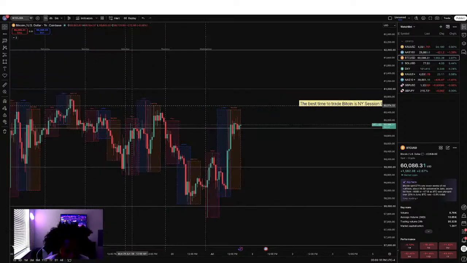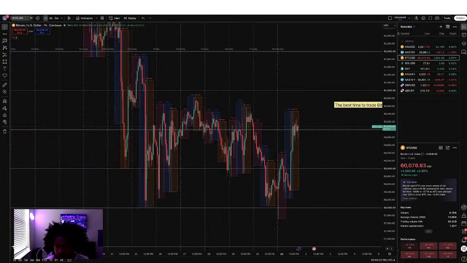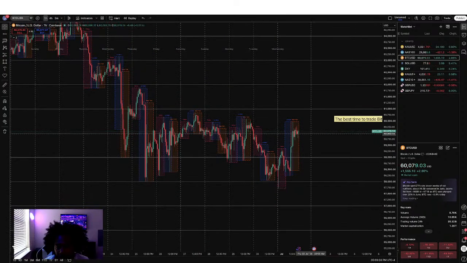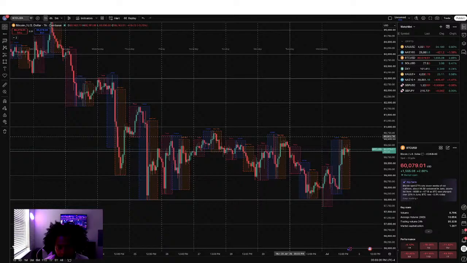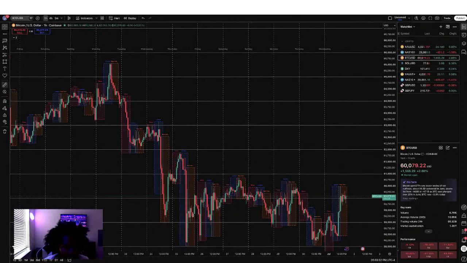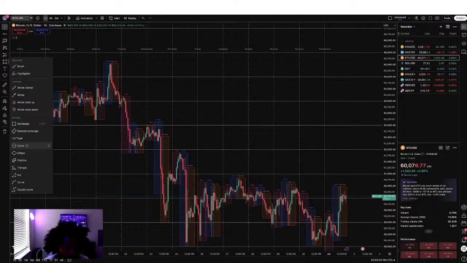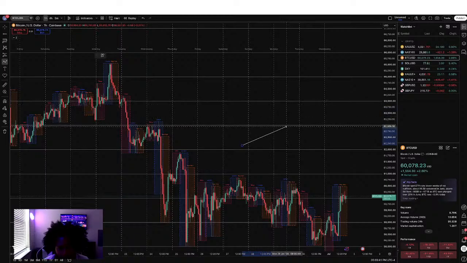So how are you able to capitalize and make money off of Bitcoin? The best thing you want to do is wait for the market to essentially start trending. As you can see with these lines that I have on these charts, these are major levels within the Bitcoin market.